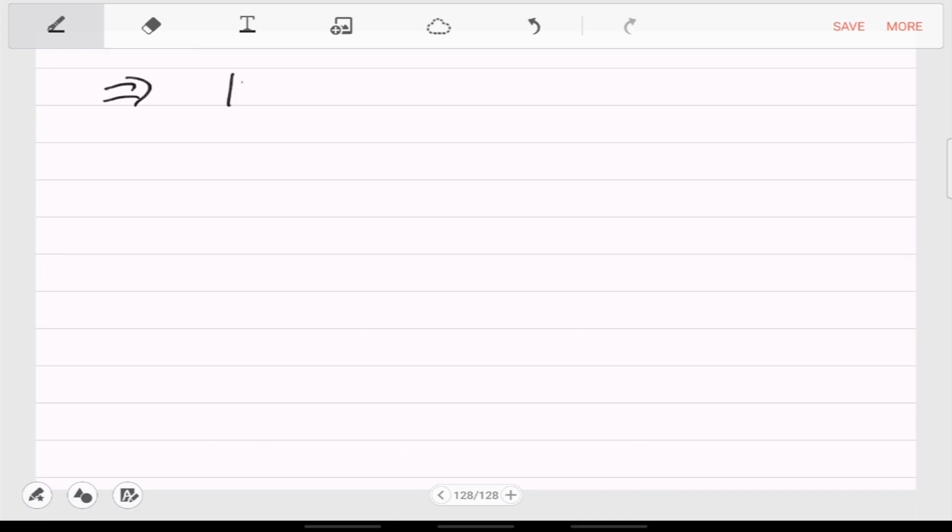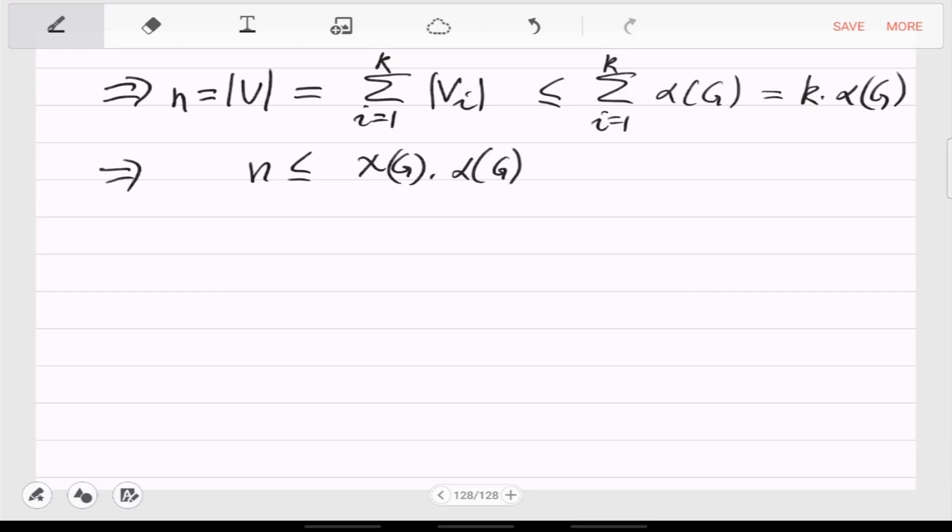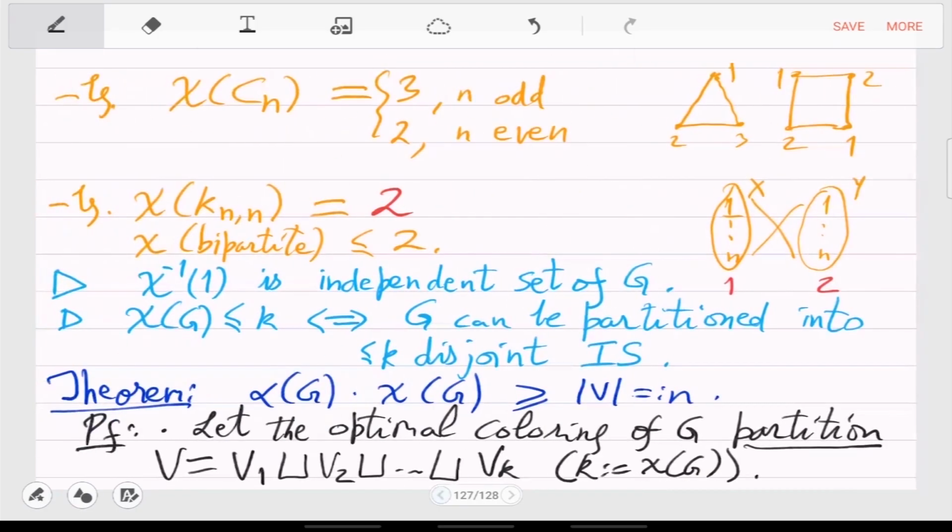This means that the size of V, which is the sum of the sizes of Vi, is n, and each Vi is less than or equal to alpha G, so k times alpha G, which simply means that n is less than or equal to chromatic number times alpha G. Is that clear? You immediately get this.